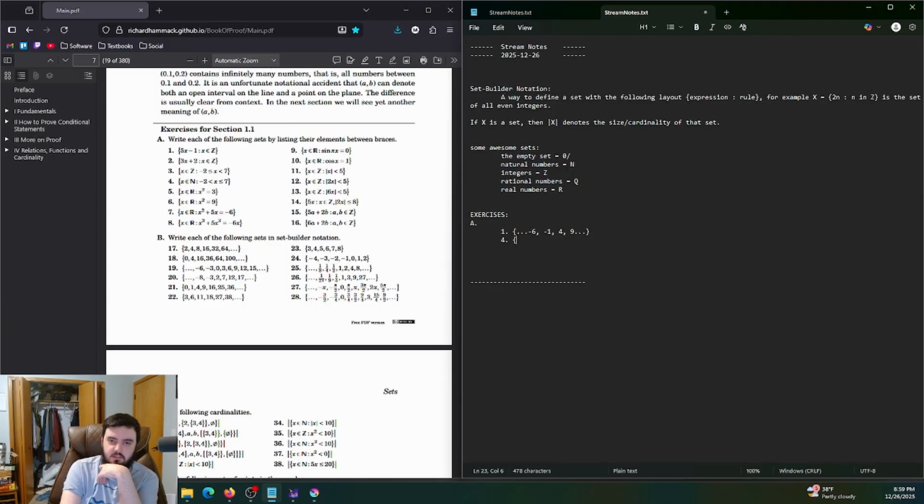Okay, now x is in the natural numbers such that -2 is less than x and x is less than or equal to 7. Oh, it's all of the natural numbers between -2 and 7. Yeah, okay. I see why they wrote it like that.